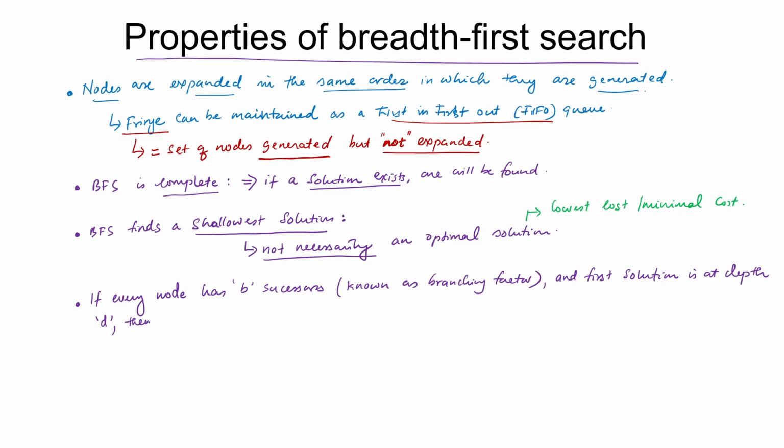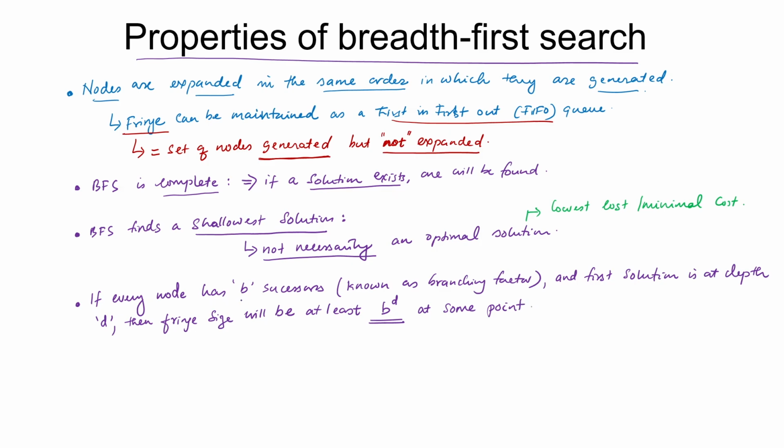Then fringe size will be at least b to the power of d, okay, b to the power of d at some point of time.